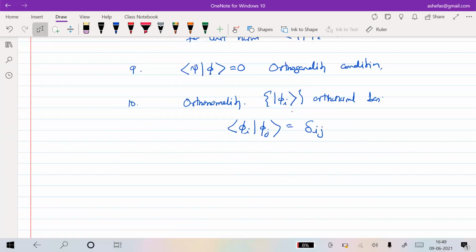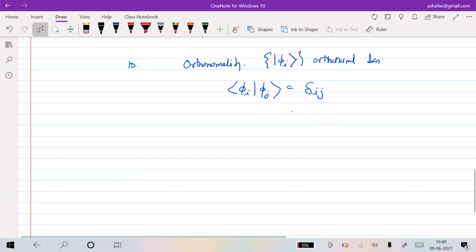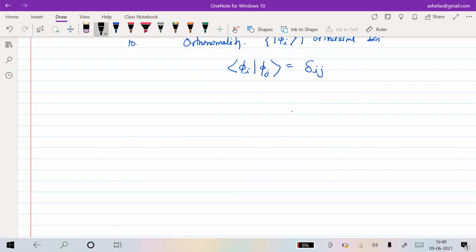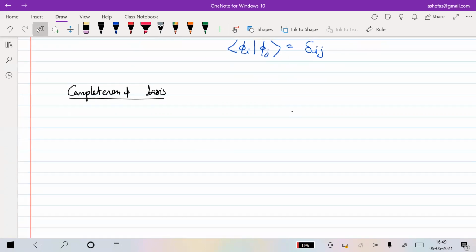Okay, now we can use this Dirac notation to prove the completeness, or to get the expression for the completeness property. So we have found the completeness property of the basis in the last class for the continuous basis.